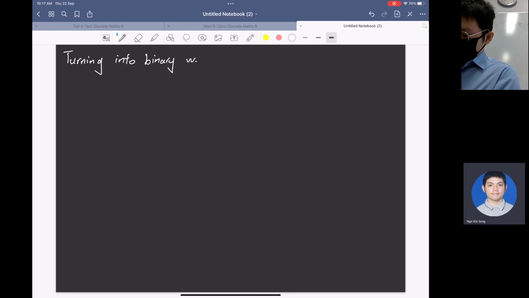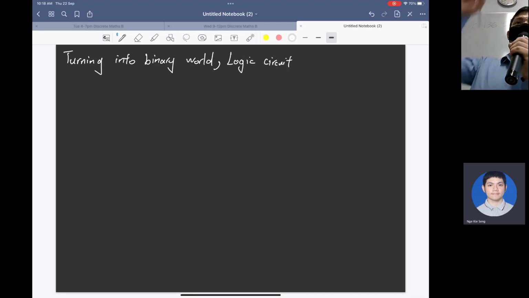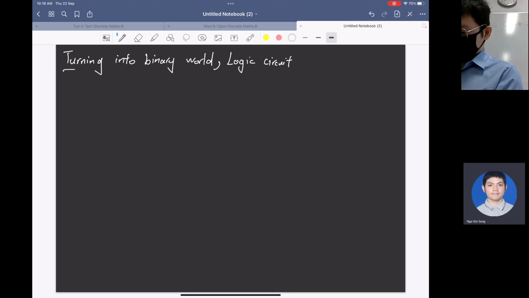So nowadays, computers are built up by this binary digit. If you know about the 0, 1, sometimes you see videos where the 0, 1, 0, 1 keep coming up. So that's how they use it. So let's define what a bit is first.